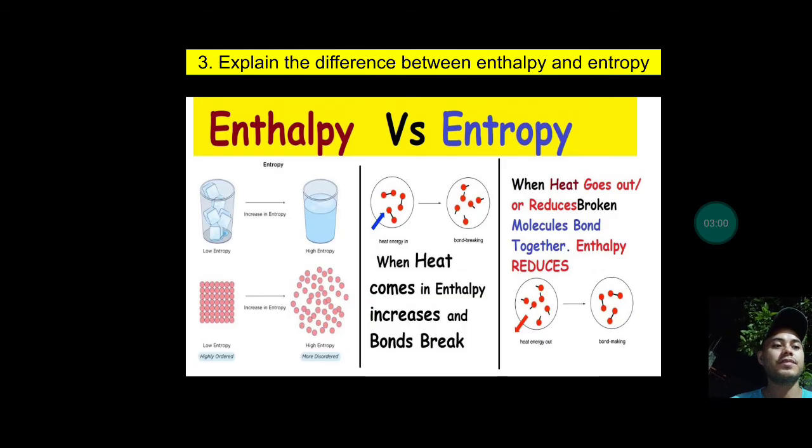So in the case of compressed air, enthalpy and entropy are inversely proportional. But in the case of ice turning to water, enthalpy and entropy are directly proportional. So it depends on how these two are being used in the molecule or the system.